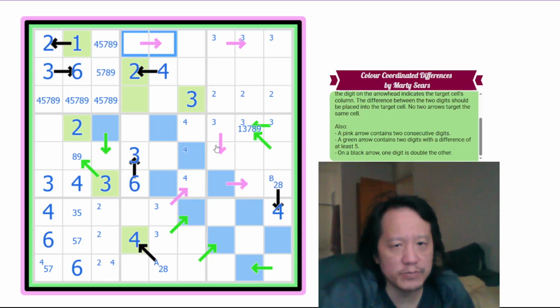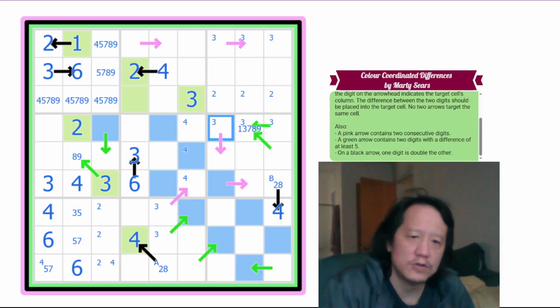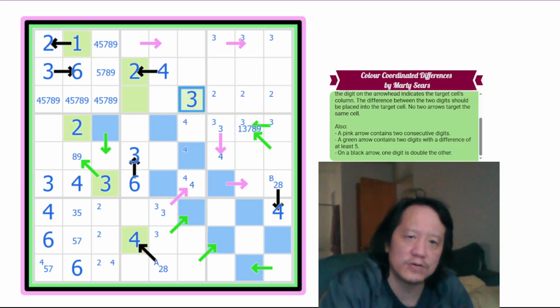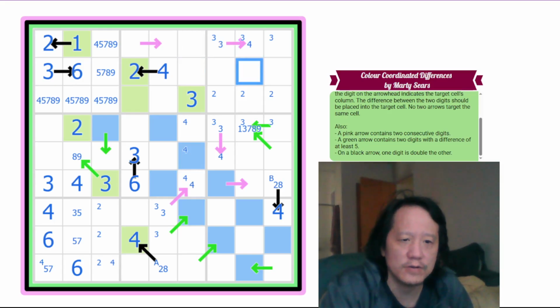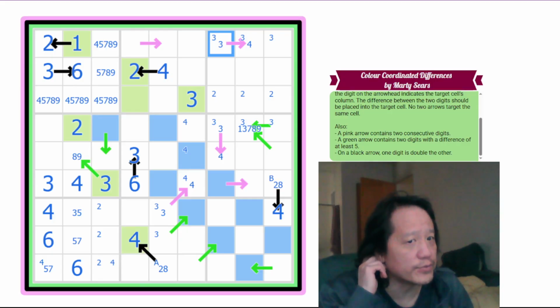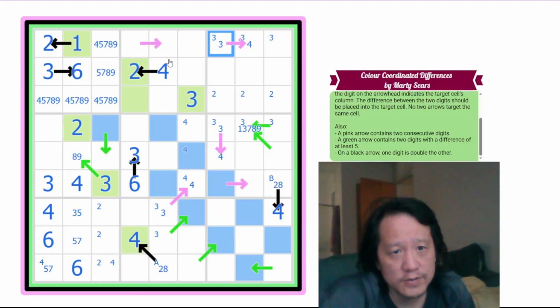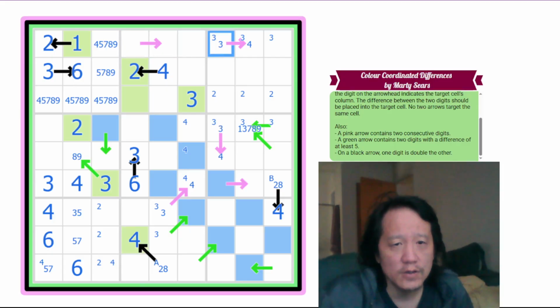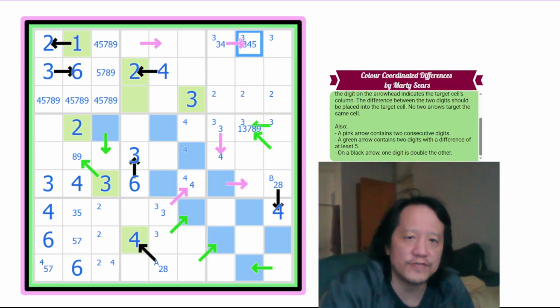The only ones that can be 3, 4 are here. So we could have 3, 4 here, 3, 4 here, or 3, 4 here. We have 4 with 3, 5. So this can't be either. This could be 4, 3, 5.